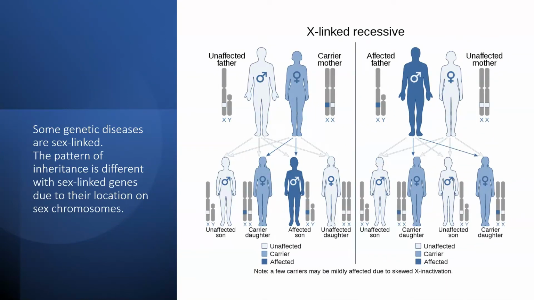Okay, so X-linked recessive. We'll look at the mother being the carrier first up. So we've got a carrier mother and an unaffected father. What could occur here? We could end up with a carrier daughter. We could end up with an affected son.